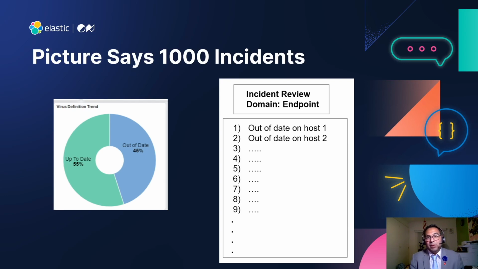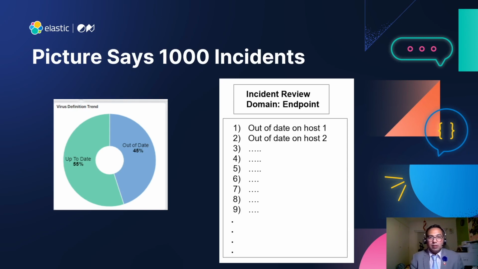Does it mean there's a large amount of security vulnerabilities that you need to patch? So what is the view you're going to give to the CISO, whether it's 10%, 20%, or 80%? At the end of the day, what you would like to report is, okay, there's only 10% of hosts which are out of date.